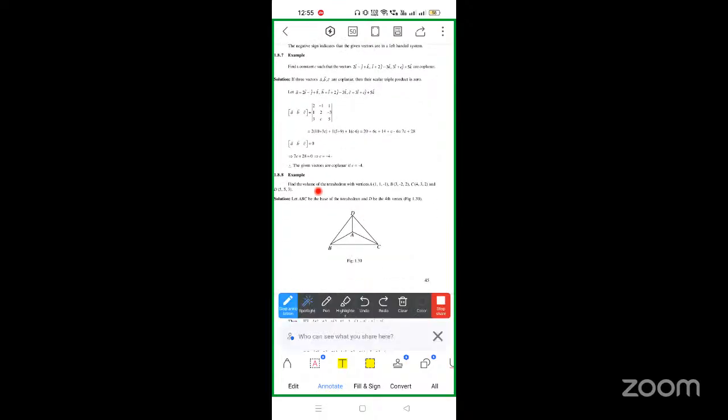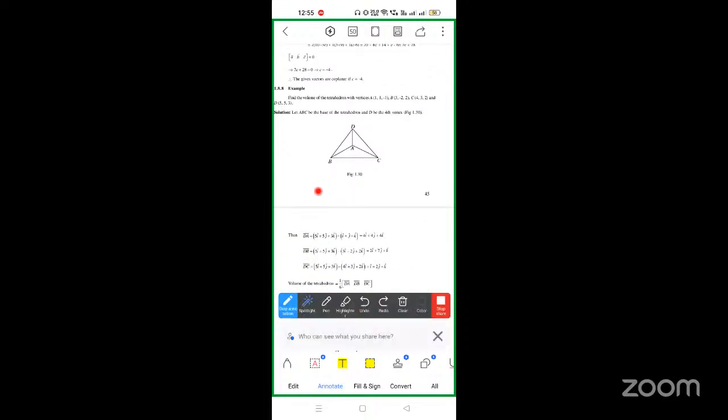Next, find the volume of the tetrahedron whose vertices are A (1, 1, minus 1), B (3, minus 2, 2), C (4, 3, 2), and D (5, 5, 3). First, you have to find the vectors DA, DB, DC.